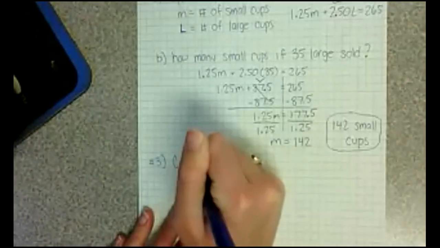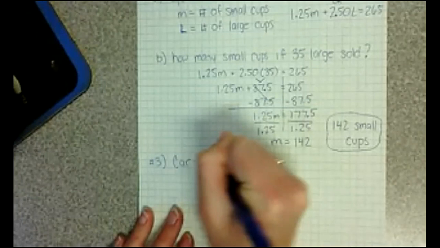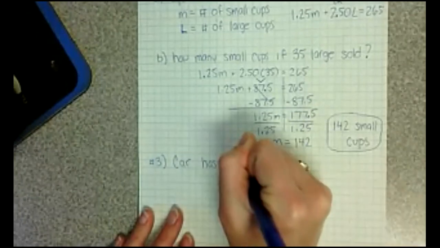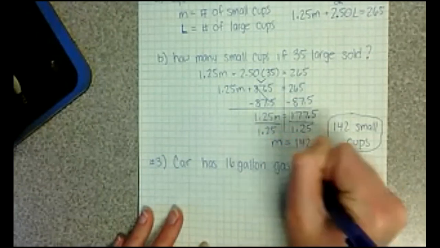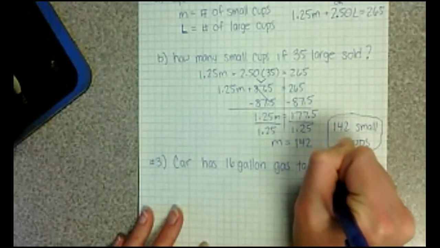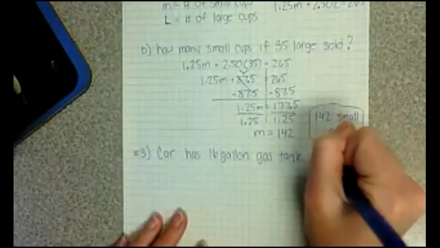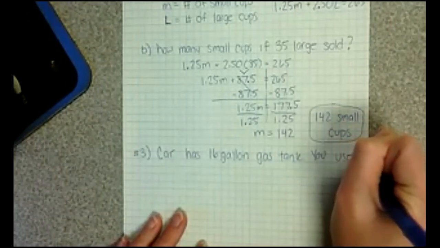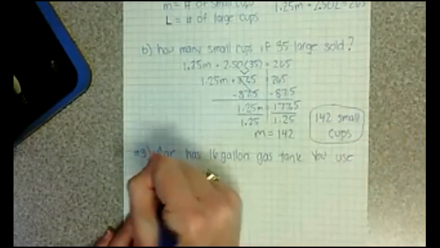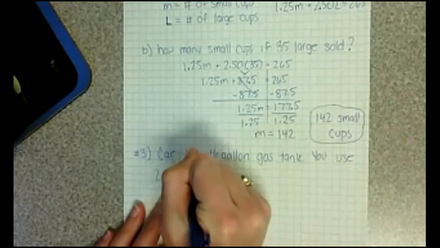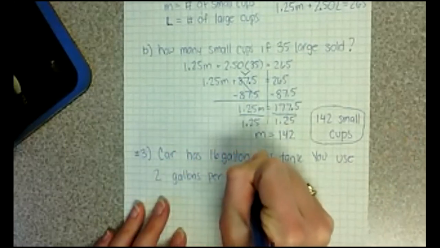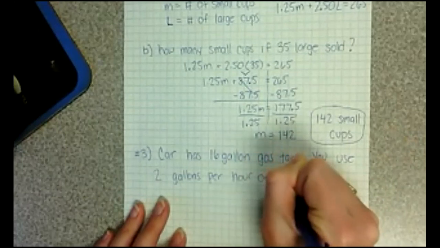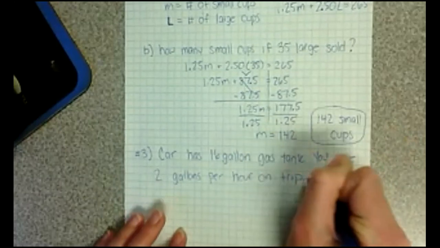In words, we have a car that has a 16-gallon gas tank. You use 2 gallons per hour on a road trip that you're taking.